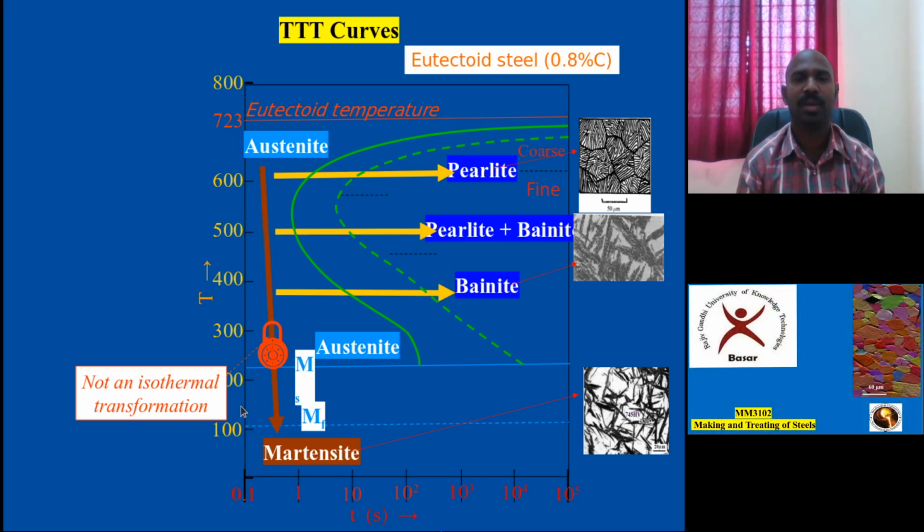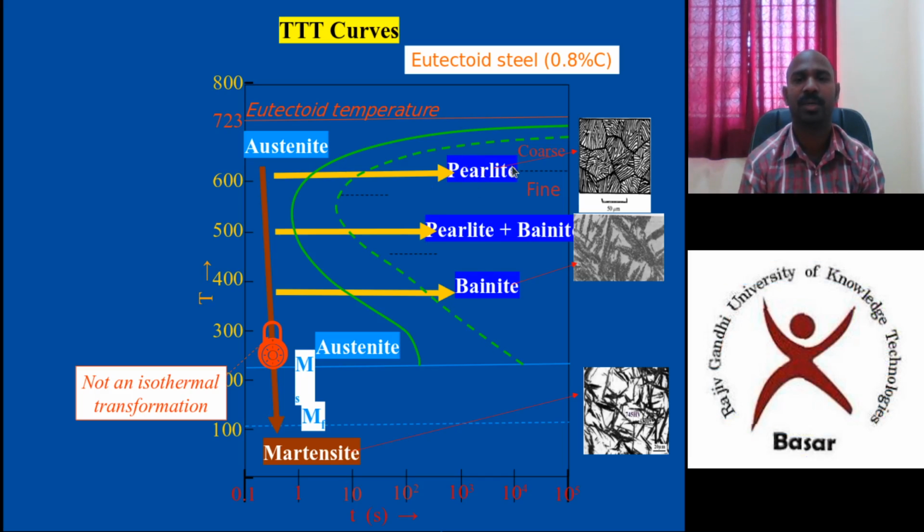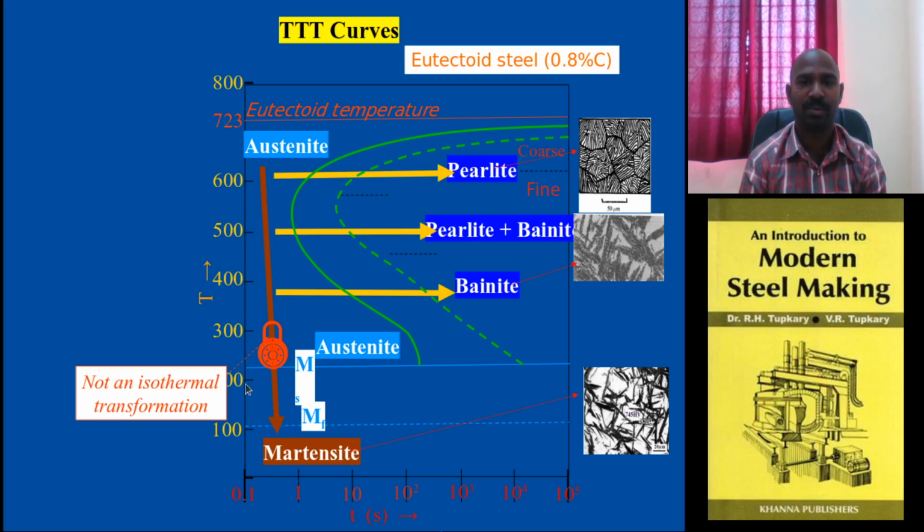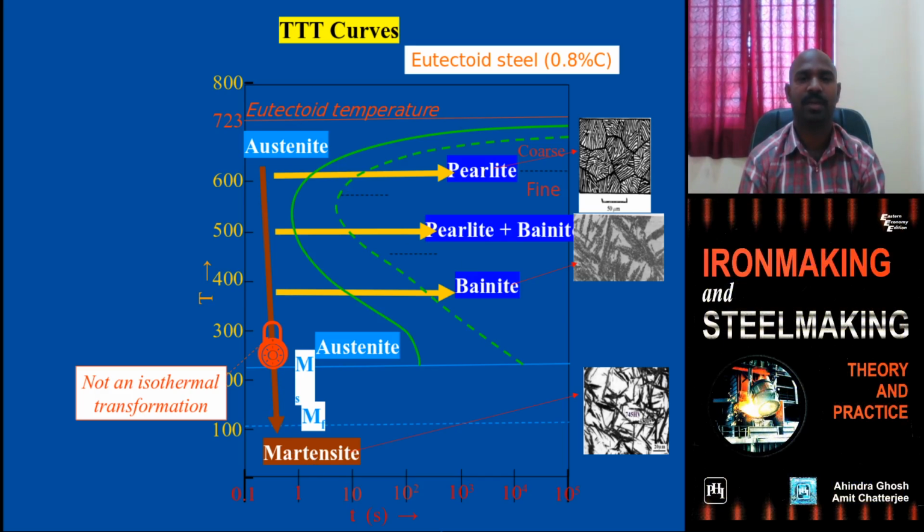Cooling curves are non-isothermal. Pearlite and bainite are isothermal phenomena, whereas martensite formation is non-isothermal. By fast cooling you will not observe these TTT curves. In TTT curves you will not see martensite; in the cooling curves you will see martensite. That difference also one needs to notice.